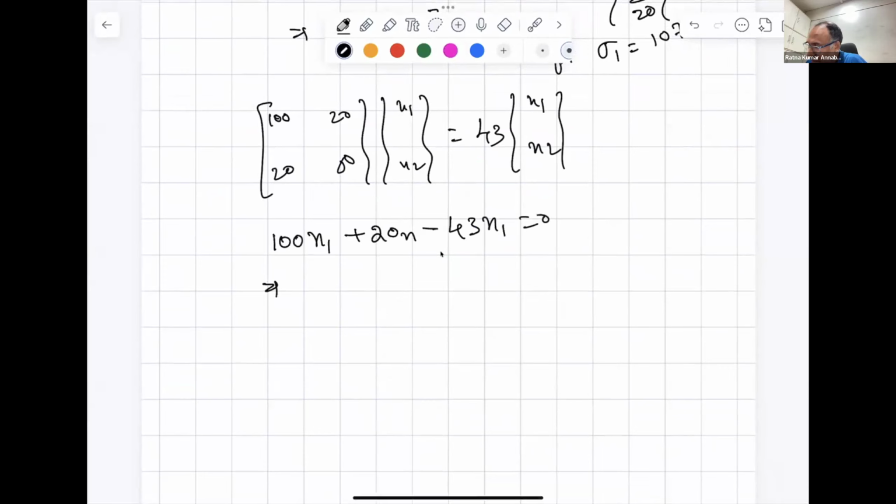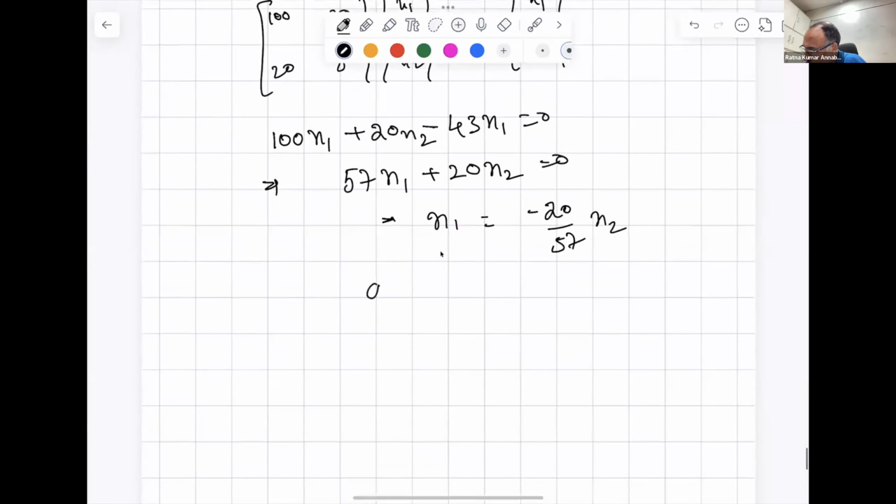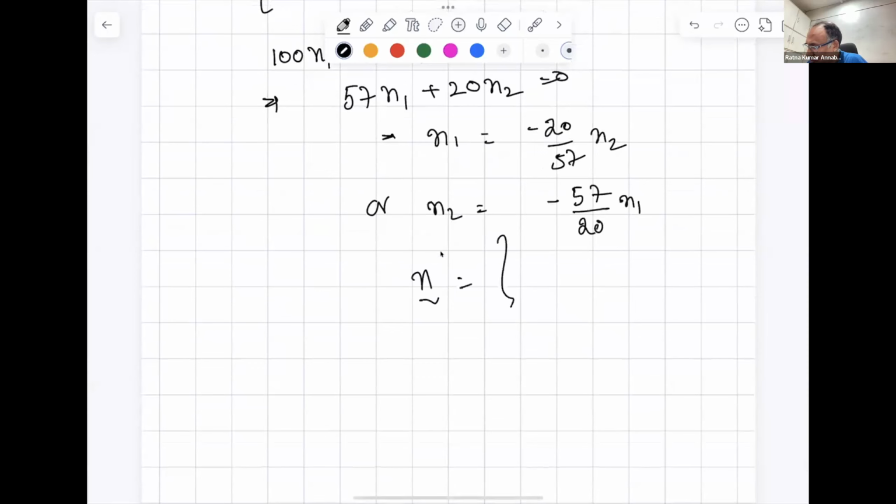That implies 100 minus 43 is how much? 57. Plus 20 N2 equal to 0. That implies N1 is equal to minus 20 by 57 N2, or N2 is equal to minus 57 by 20 N1. So the new vector N, if N1 is equal to 1, N2 is minus 57 by 20.